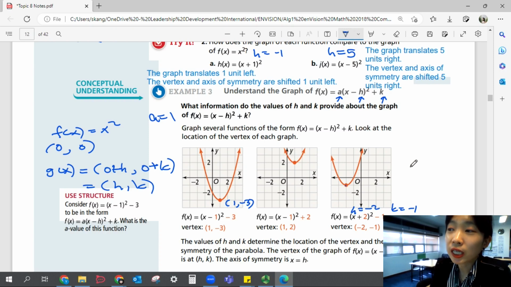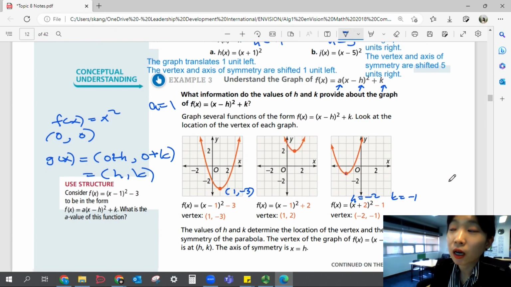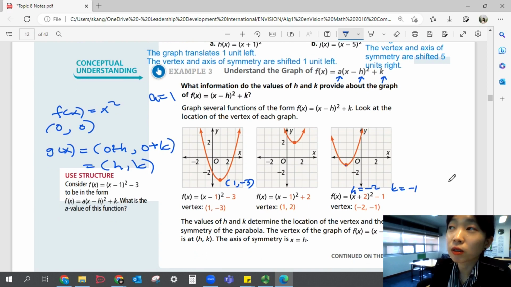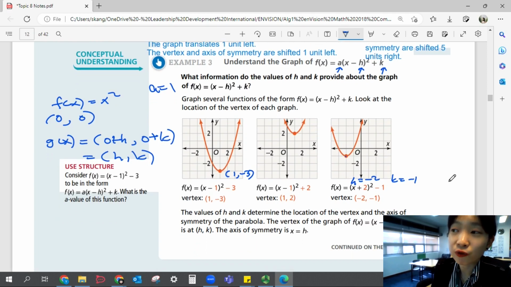So the values of h and k determine the location of the vertex when you see the quadratic equations in this form. And the axis of symmetry is always x equals h, because that's going to be x equals something.